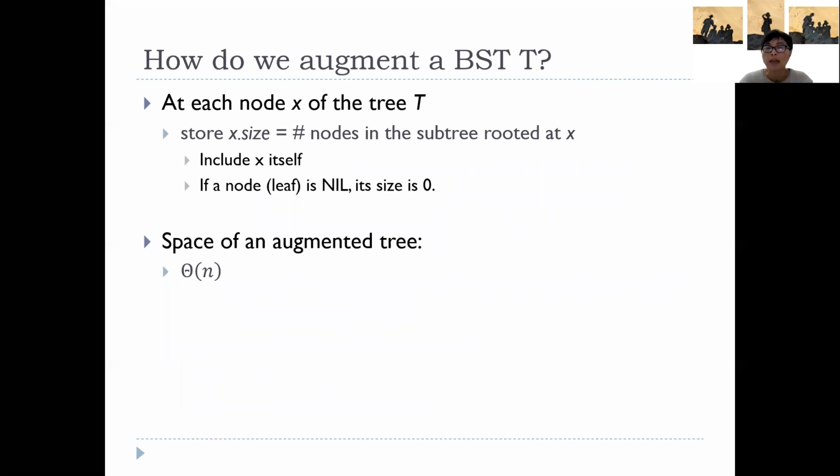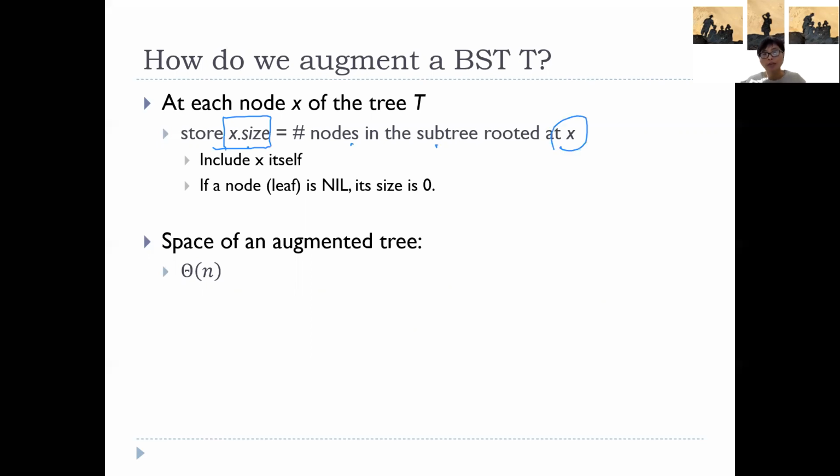Now, the information that we want to augment, as I said, is the size information. At every tree node, I'm going to add a new entry and record it in the tree node. I'm going to store the so-called size of the tree, which is simply the number of nodes in the subtree rooted at this node, including x itself.